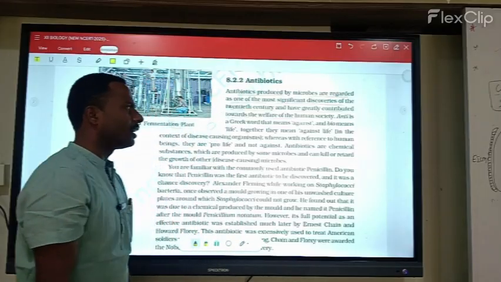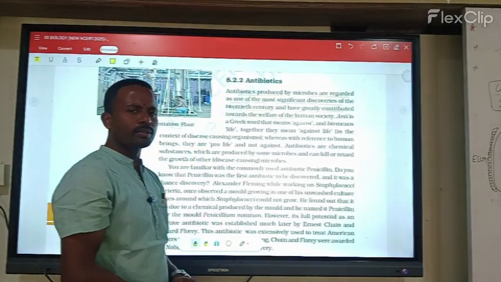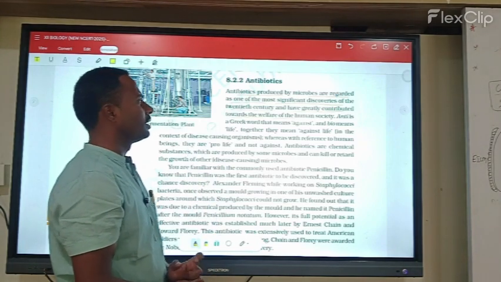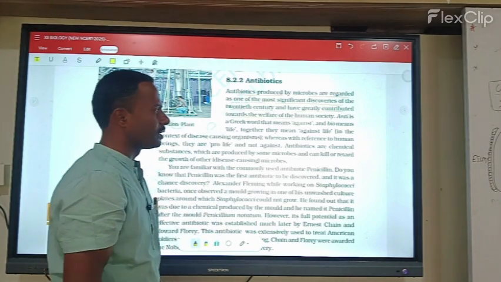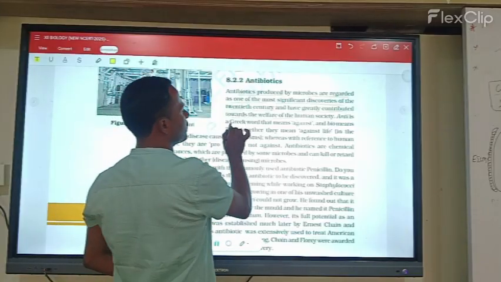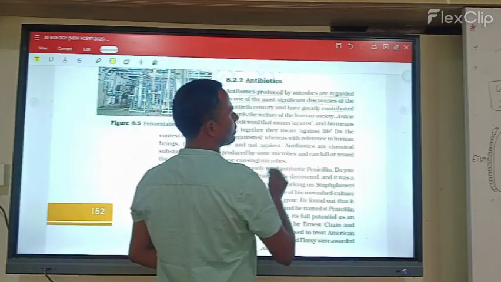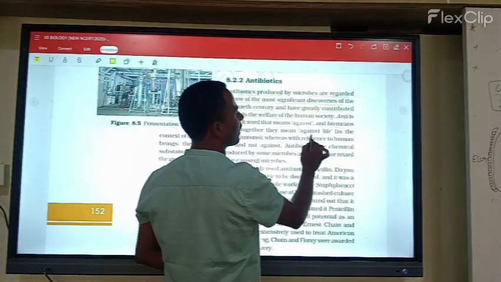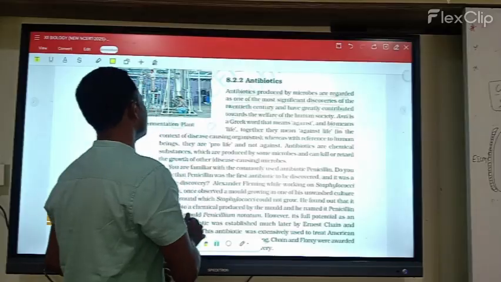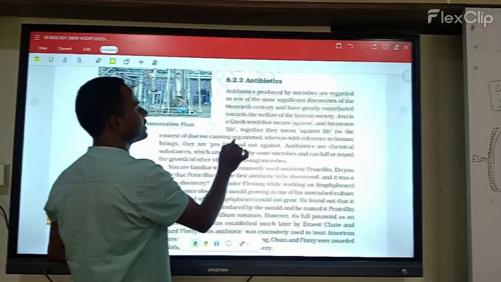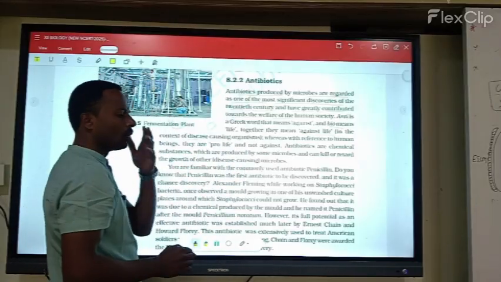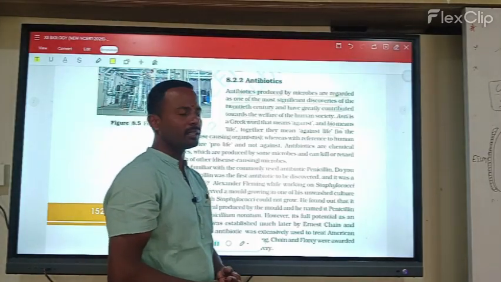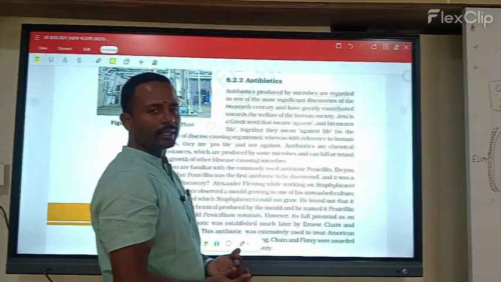Anti is a Greek word that means against, and bio means life. Together, it means against life, in the context of disease causing organisms. So what fights against disease causing organisms is called an antibiotic.